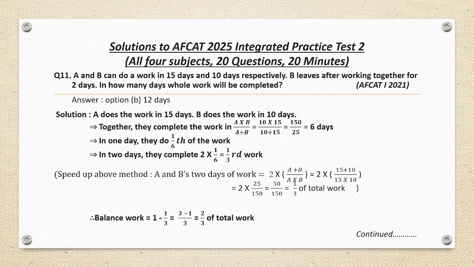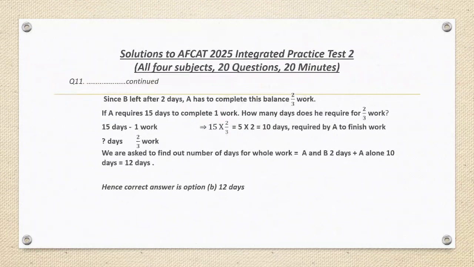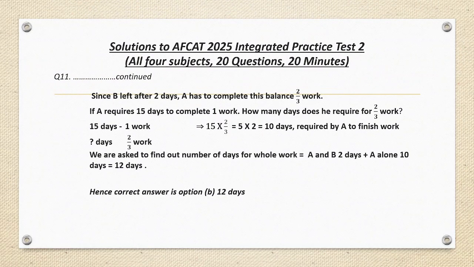In how many days will the whole work be completed? So the balance 2/3 work, how many days will A take? A requires 15 days to complete the work, so for 2/3 work he requires fewer days: 15 into 2 divided by 3, which gives us 10 days.